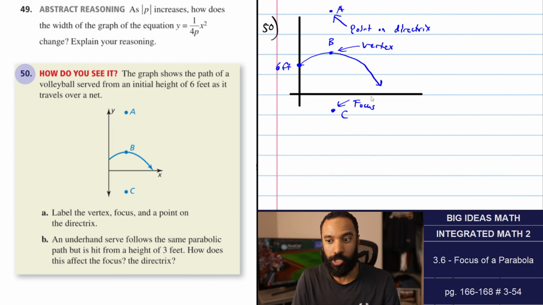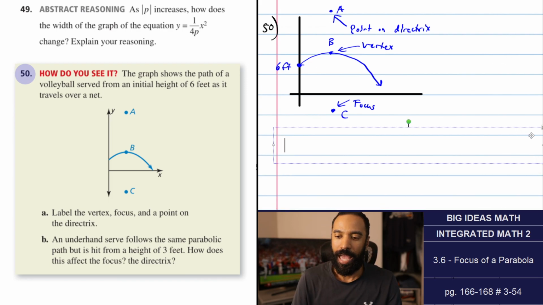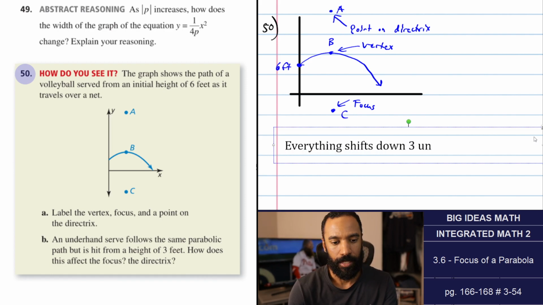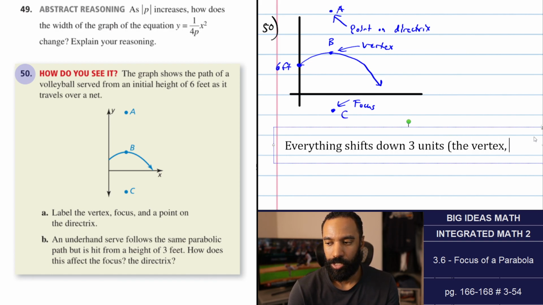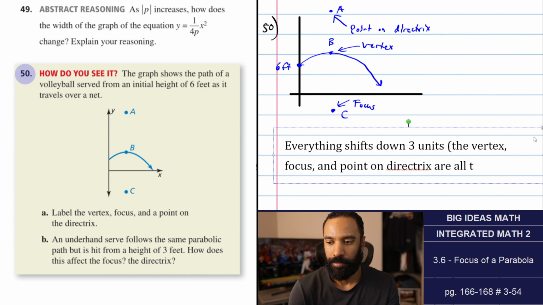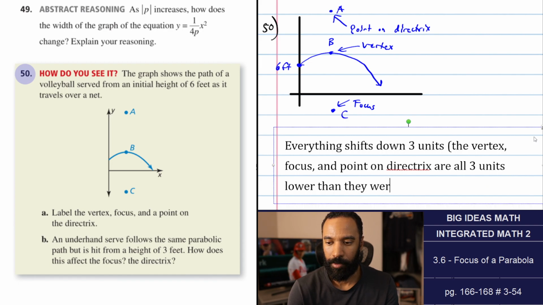They don't ask us to explain, but everything shifts down 3 units because of that distance there. So the vertex, focus, and point on the directrix are all 3 units lower than they were before.